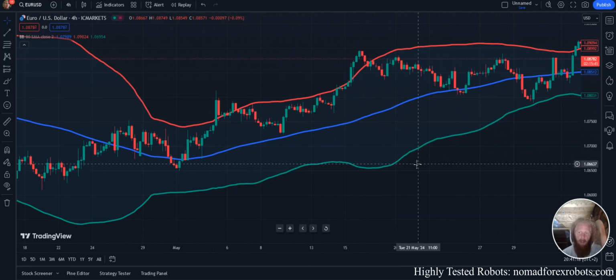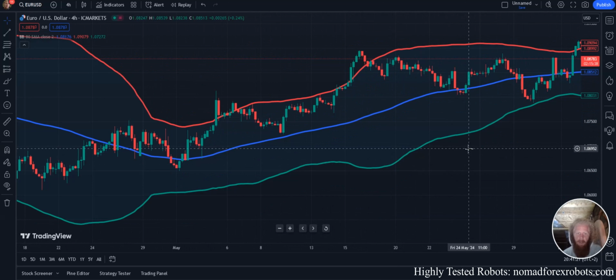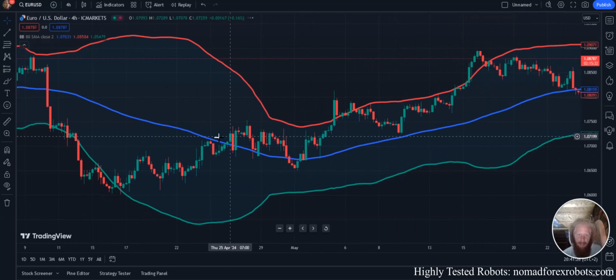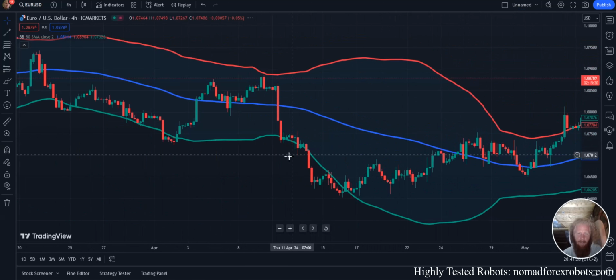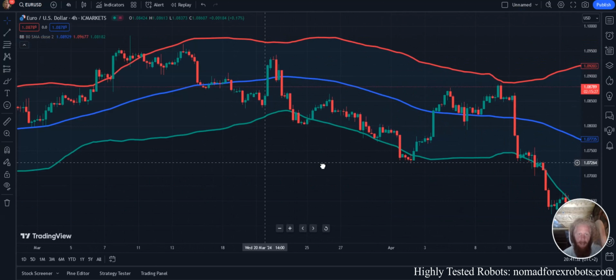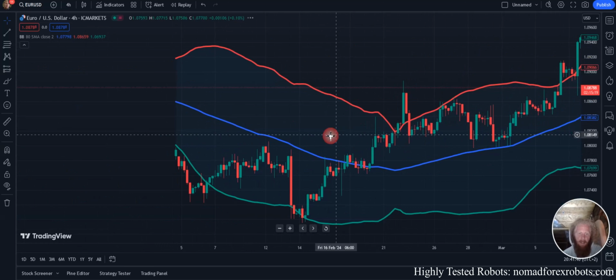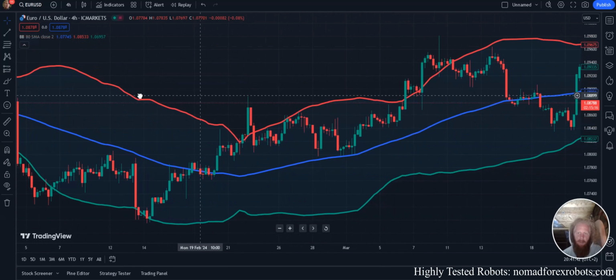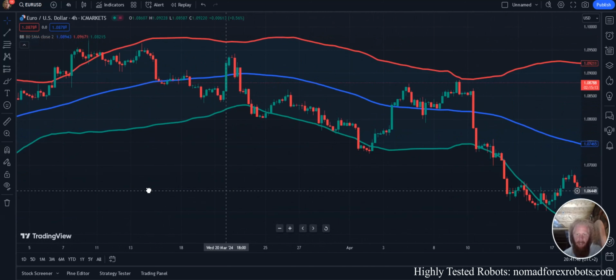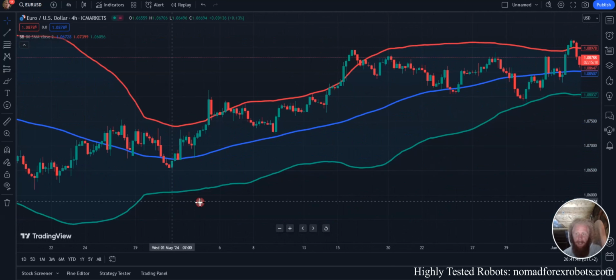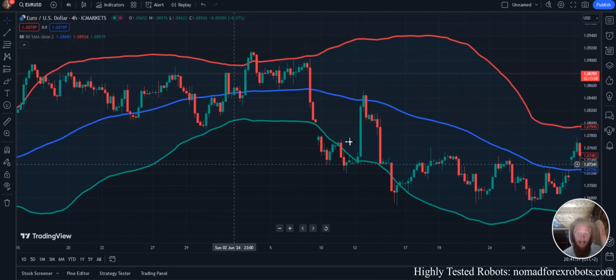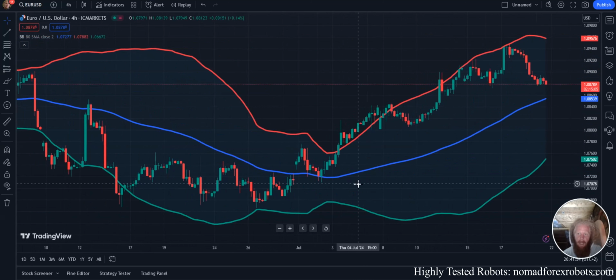For example, here at many places with the 20 period you would have false buy and sell entry signals. And with the 80 period, if you combine it with a great trend indicator, like for example the ADX, you can actually have a very good strategy.